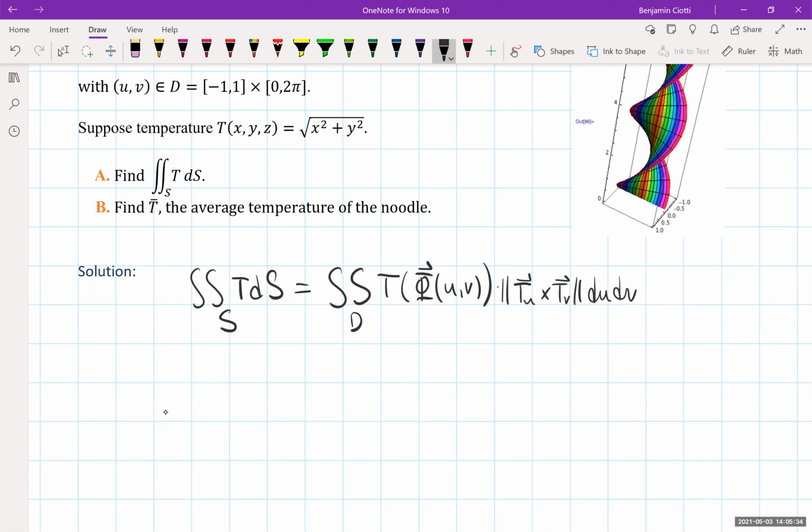Okay, so that's our new formula, and we just have to plug it in and apply it.